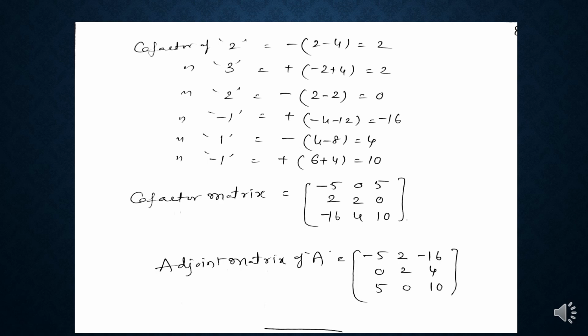After finding the cofactor matrix, by transposing that cofactor matrix, we will get adjoint A. So in today's class we discussed the topics singular matrix, non-singular matrix and adjoint matrix.